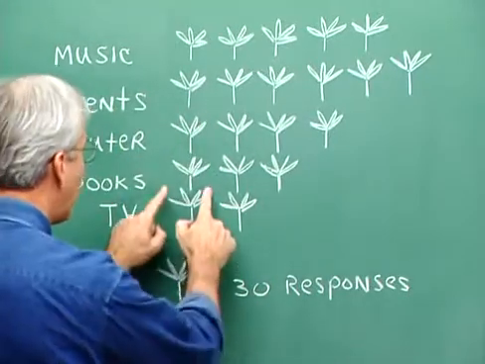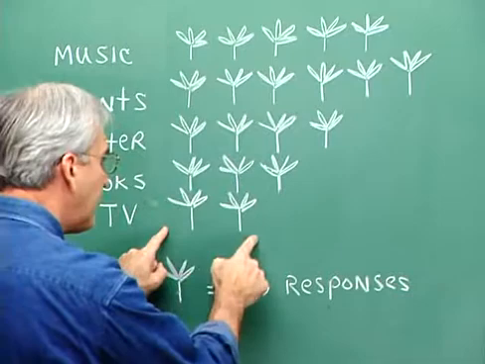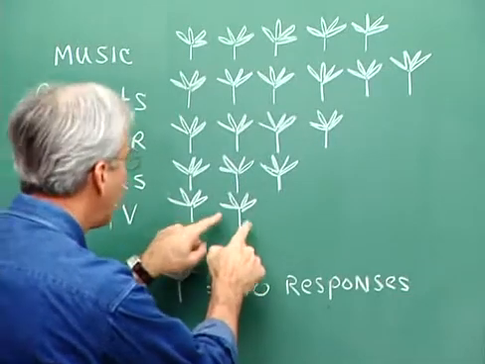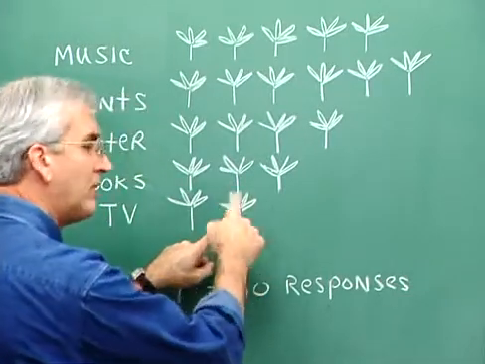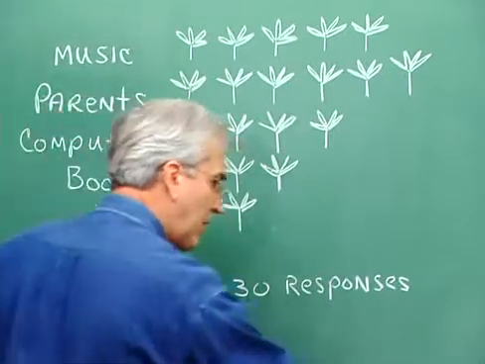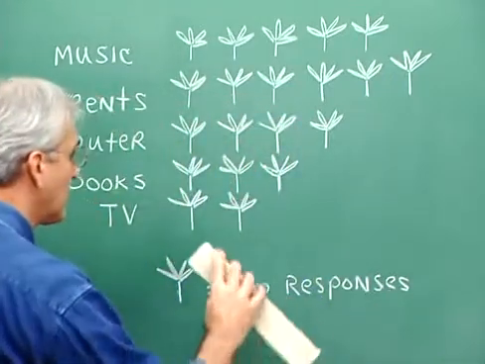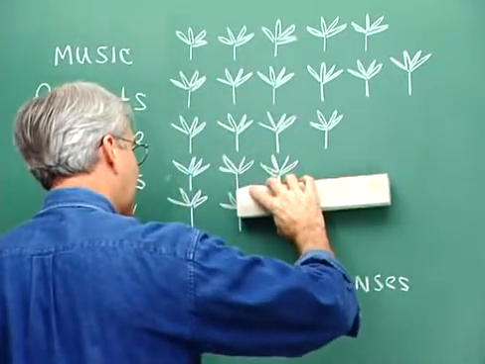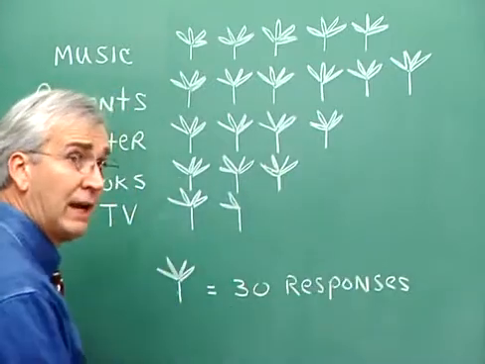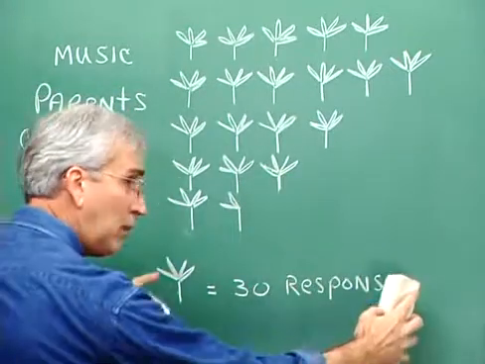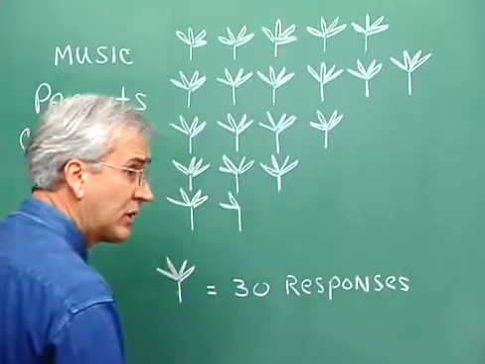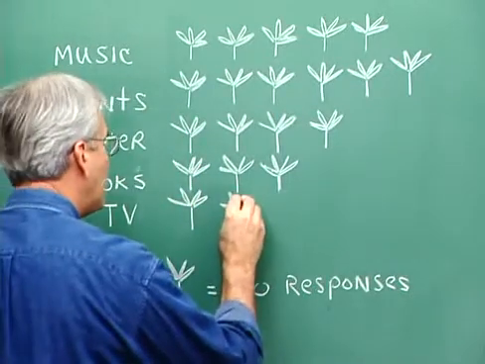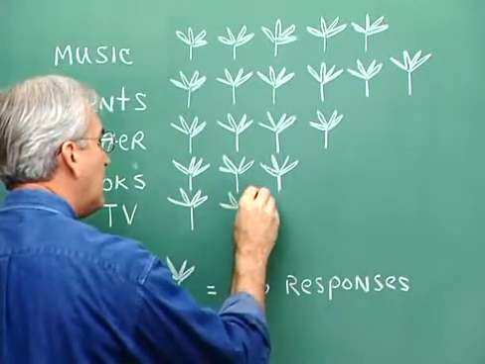So that's 30 and then 15, you see. But 15 isn't represented by a full palm tree. So it might turn out that in some circumstances we would have to have maybe a half a palm tree to stand for fewer respondents than the full number associated with the picture. So keep that in mind as you look at pictographs in the future.